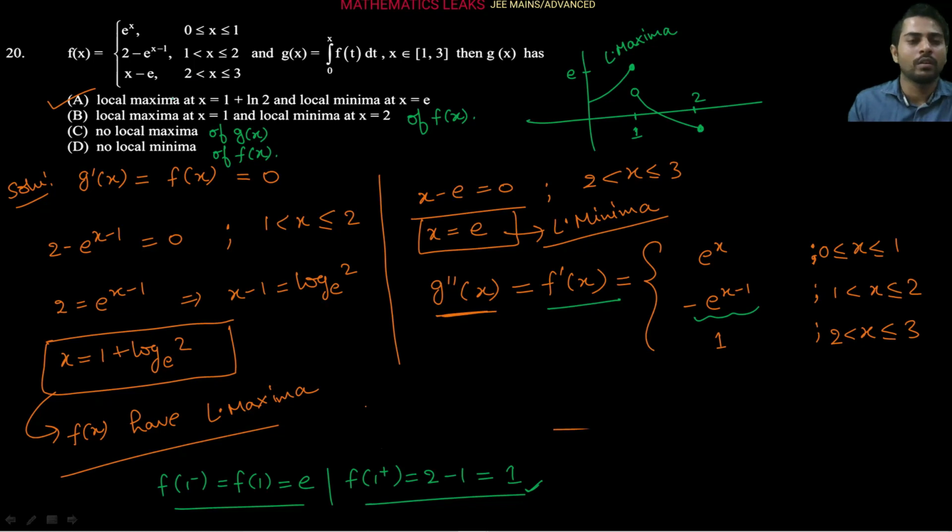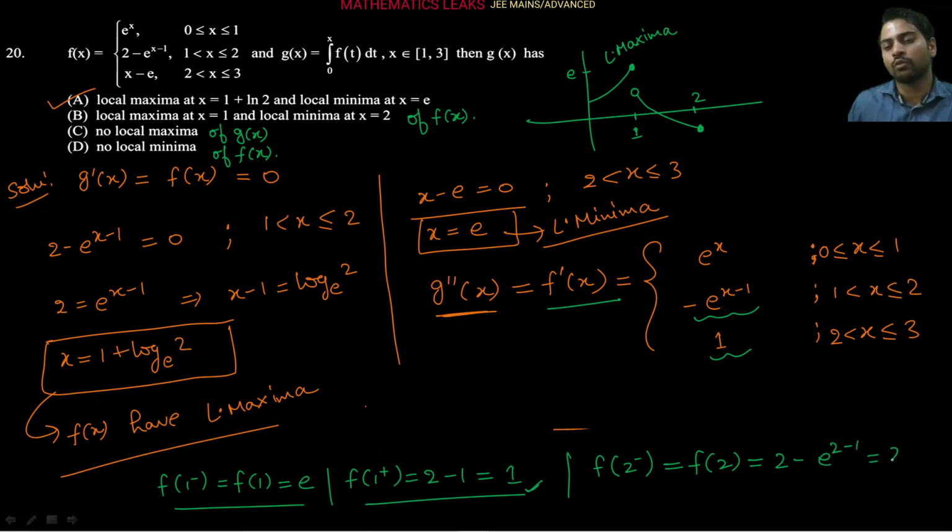Now if you see, in between 2 to 3 the function's derivative is positive, which means the function is increasing. The LHL and value of the function at 2, if we check, is 2 minus e to the power 2 minus 1, so that is 2 minus e only.